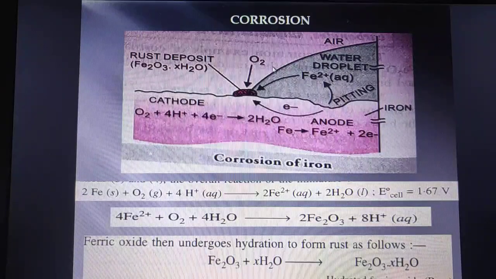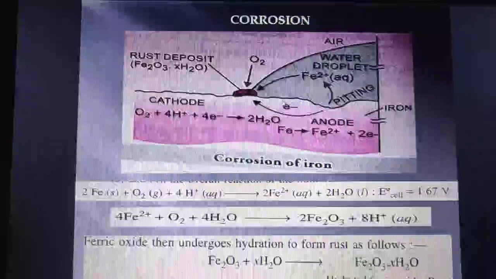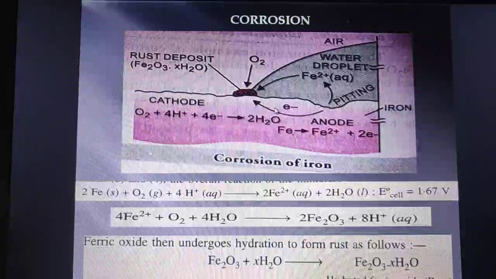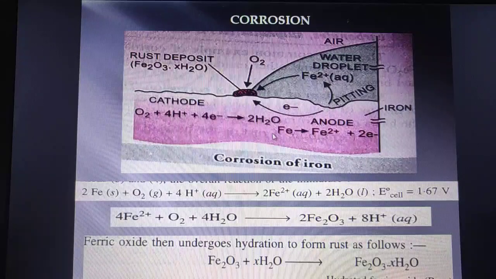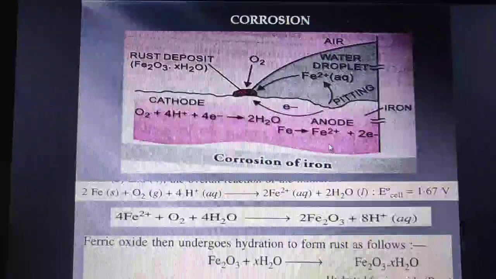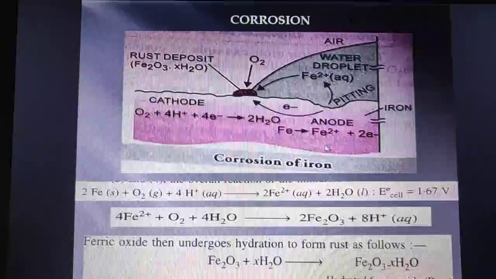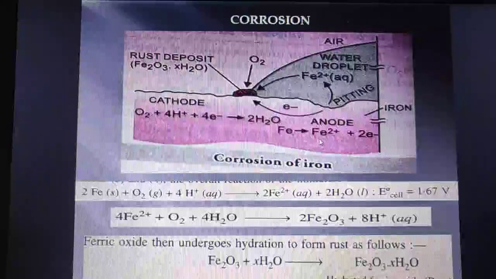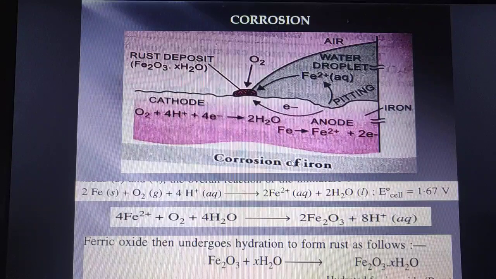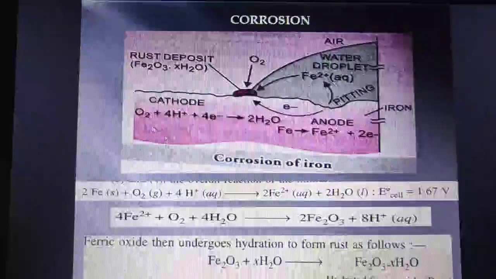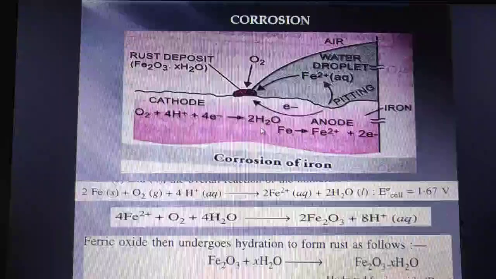Iron in contact with dissolved oxygen and in the presence of H plus ion undergoes oxidation to form Fe2 plus ion, and this is the reaction for the anode. Iron to Fe2 plus is the anode reaction. The electrons lost by iron migrate through the metal to another site on the surface and reduce dissolved oxygen to water.